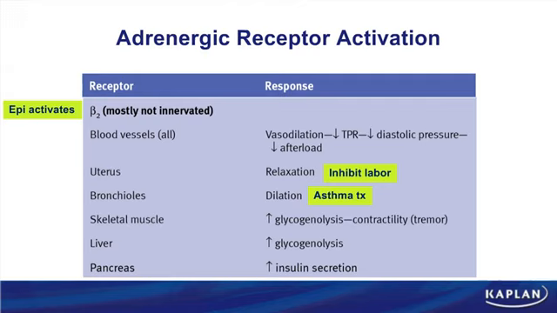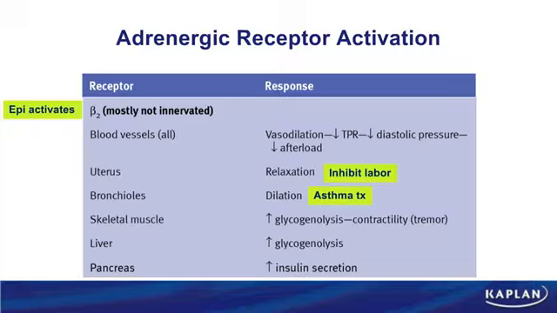Systemic administration of a beta-2 agonist might manifest with a skeletal muscle tremor. That's an important side effect to note. Why does the skeletal muscle contract and turn into a tremor? It's because your skeletal muscle contains beta-2 receptors.